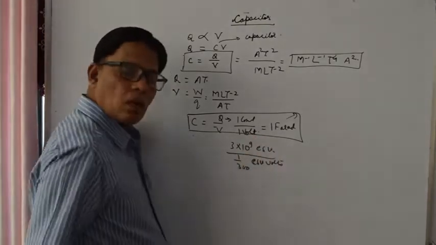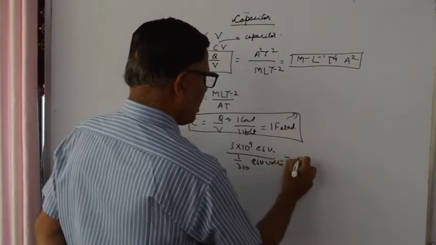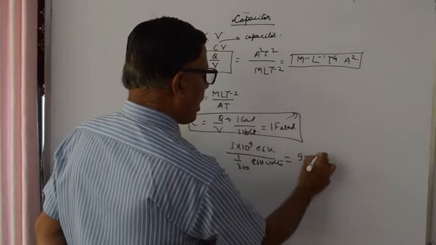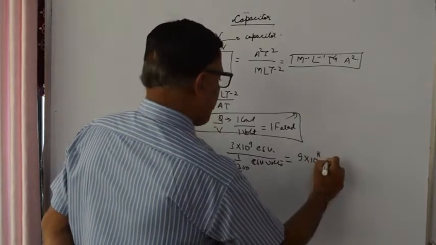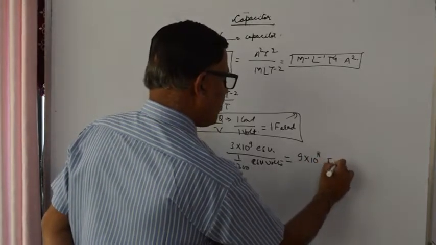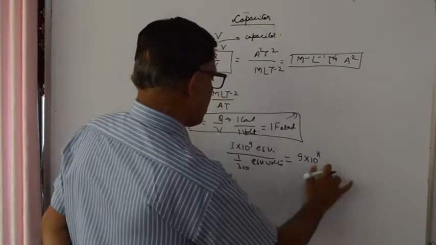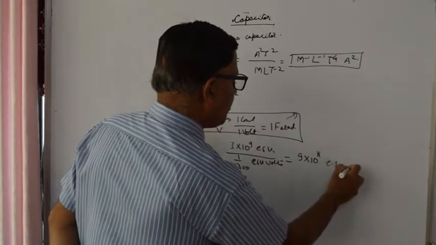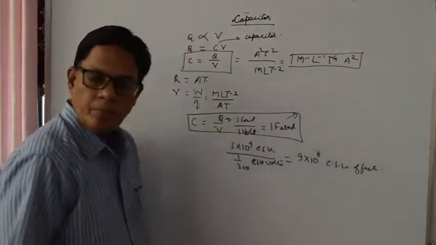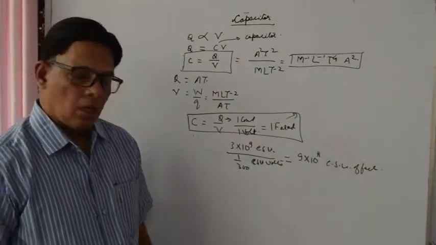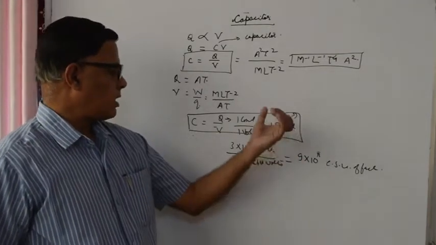This can be written as 9 into 10 to the power 11 ESU of farad. So this is the CGS unit and this is the SI unit.